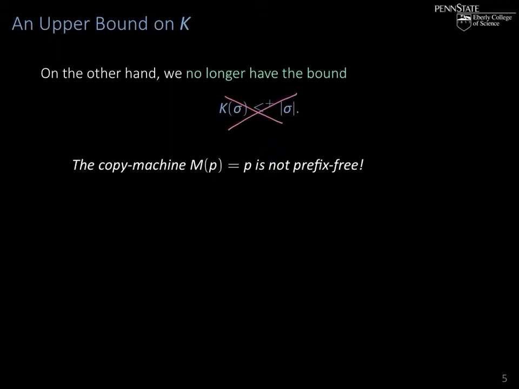Remember, to show this, we looked at a machine that copied its input to the output, so MP of P is equal to P. That's not a prefix-free machine, so it cannot witness that this is actually true, because, as you easily see, this is not prefix-free.